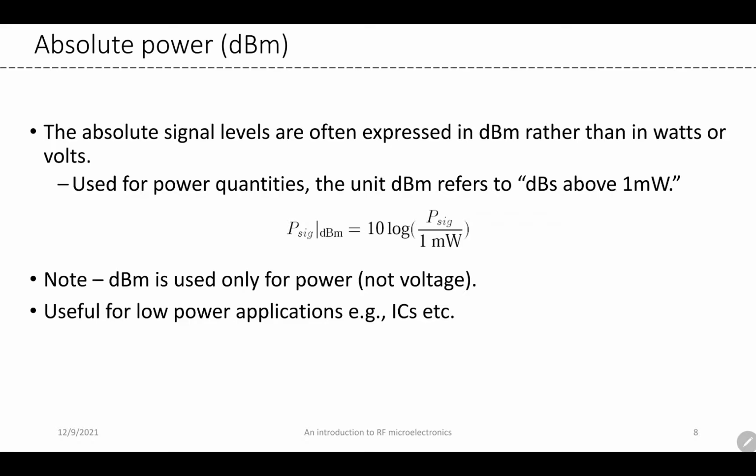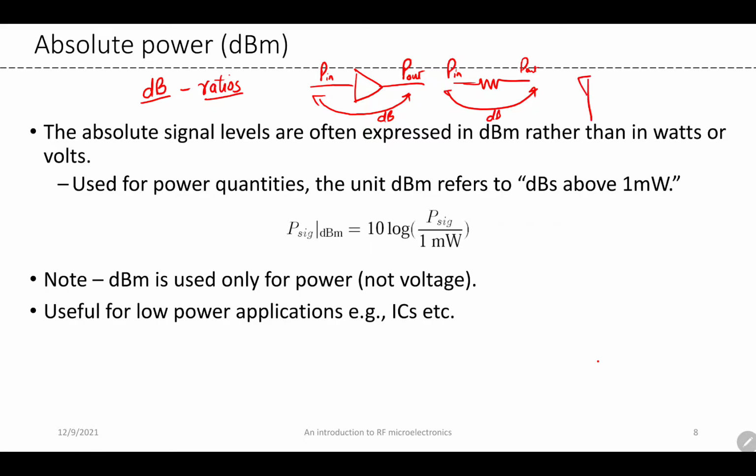Now, as I mentioned in the previous slides, till now we have been talking about dBs, and dBs are just used for ratios. For example, you have an attenuator or you have an amplifier. It gives out a certain P out, it has a certain P in, right? You define the ratios between the two in dBs.